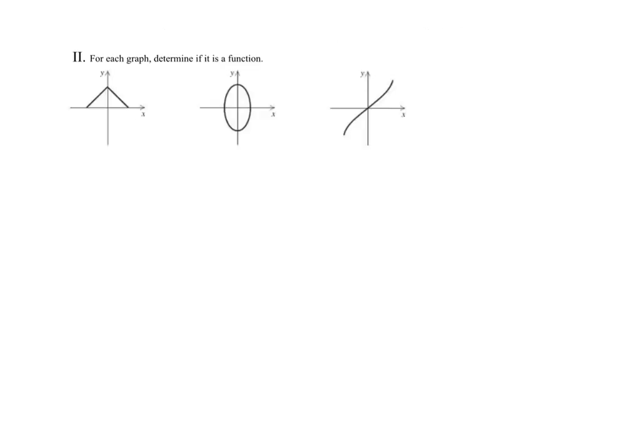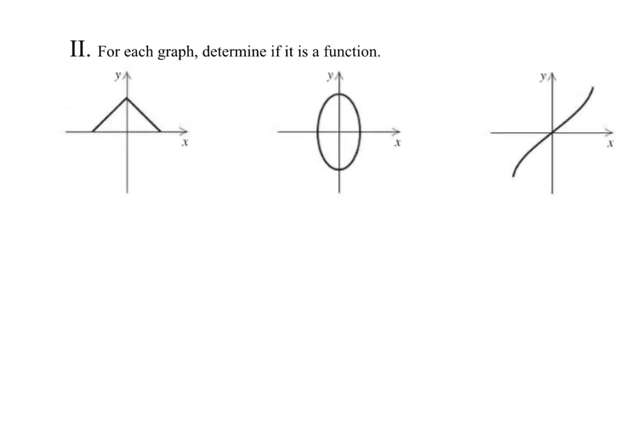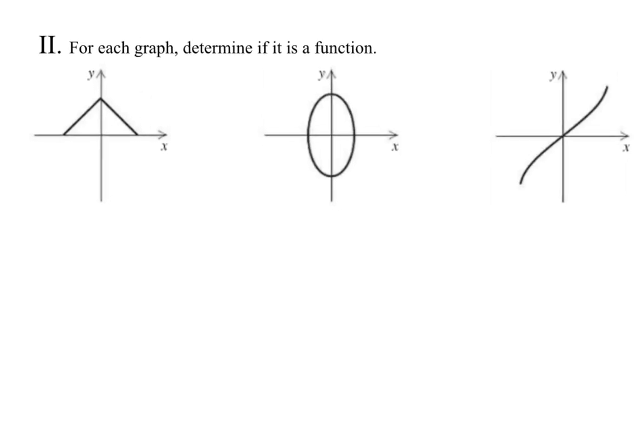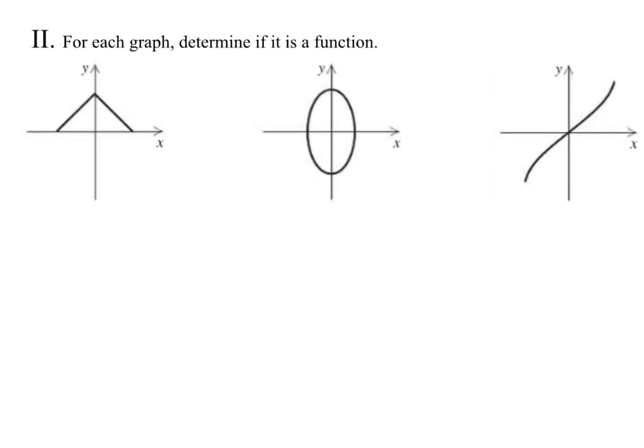The next thing we want to look at is some graphs. We're not going to come up with domain and range on these. We just want to look at these pictures and determine if it is a function. So the first one, I want to know, is it a function? For each one of these, we're going to use the vertical line test. Vertical lines go up and down.